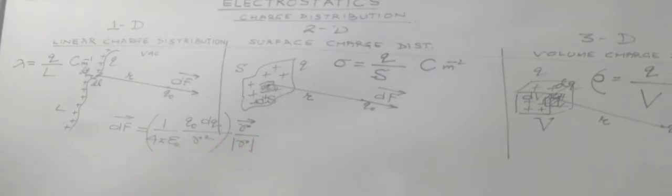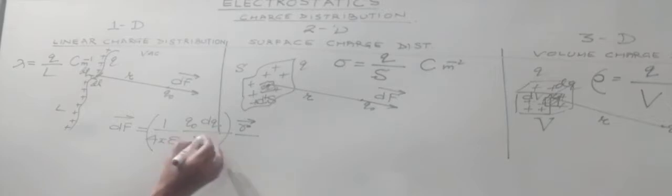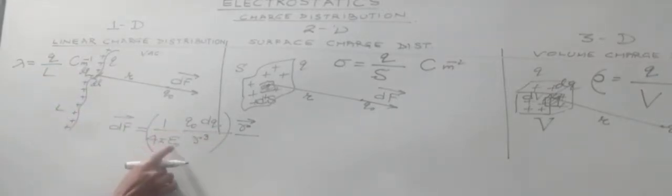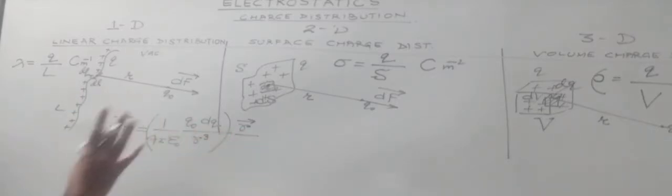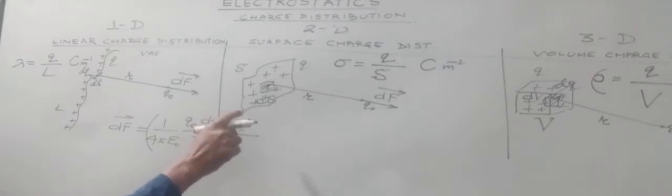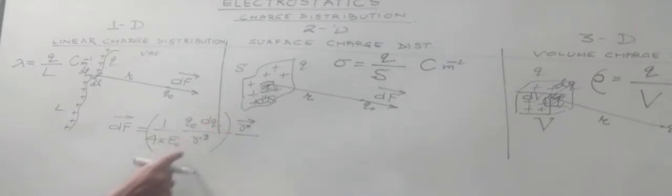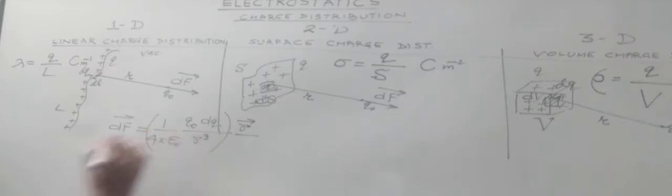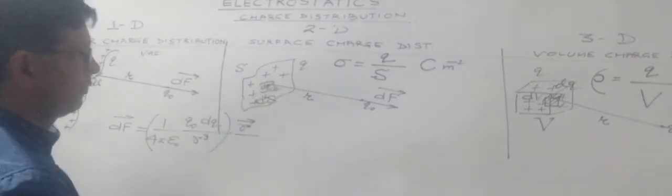In turn, it may be written as Q naught dq divided by 4 pi epsilon naught r cubed times the r vector. This we have discussed, Coulomb's law in vector form. So either write r cap or r vector divided by r, which will change the expression to this form, right? Similarly, over here.